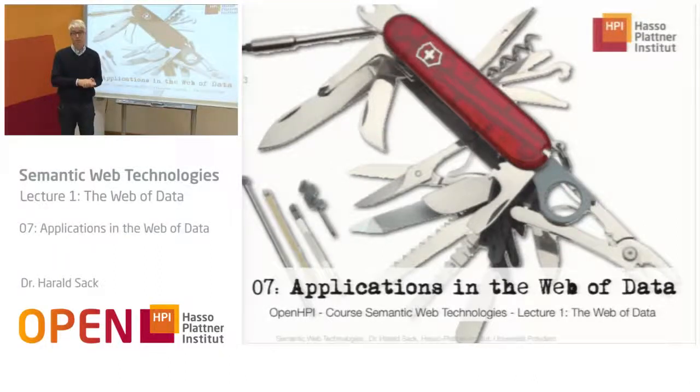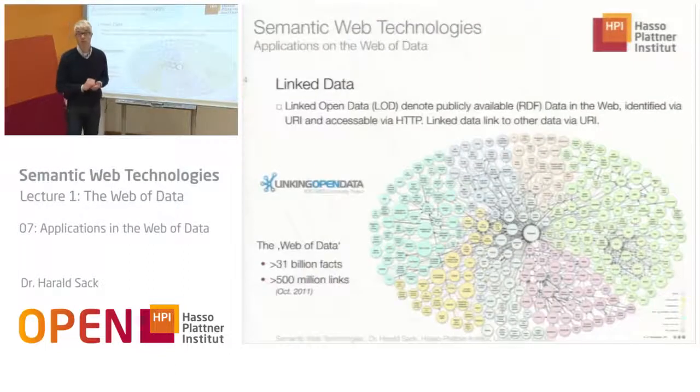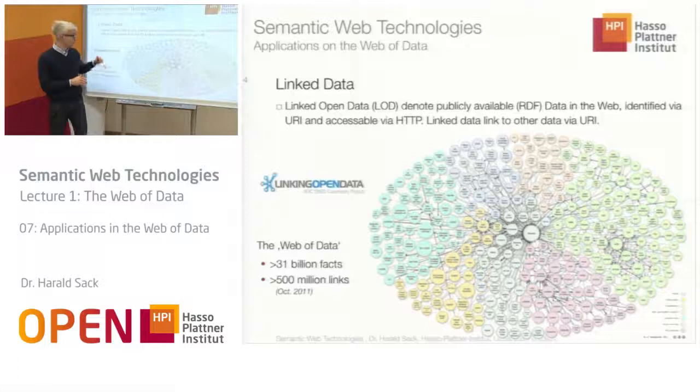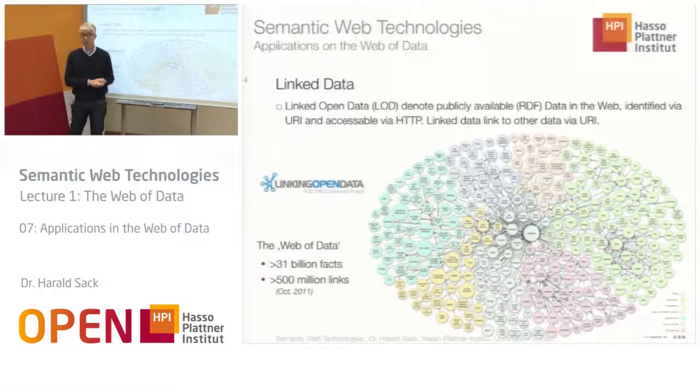So let's take a look at a few applications that are already existing in the semantic web and the web of data. The web of data as today is most likely represented by the so-called linked open data cloud that you can see here. So this is a huge cloud of documents and information that are provided with the help of RDF, the Resource Description Framework.